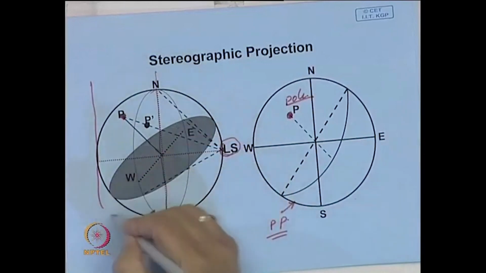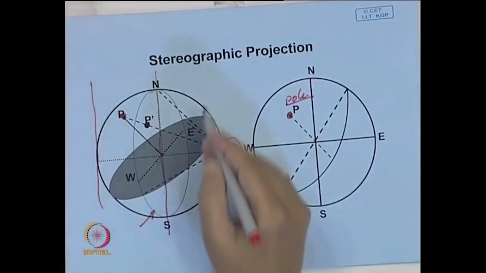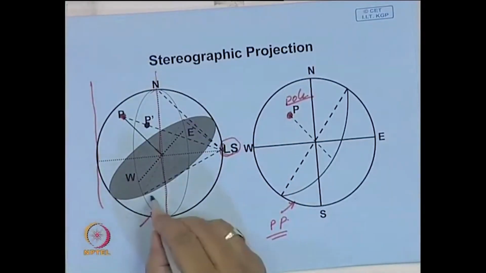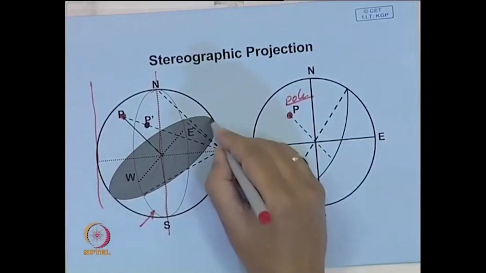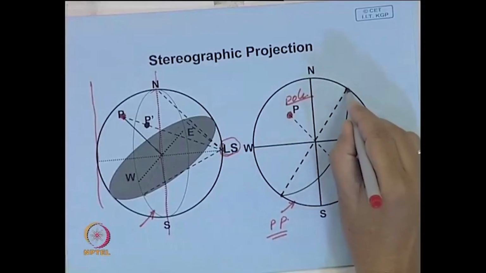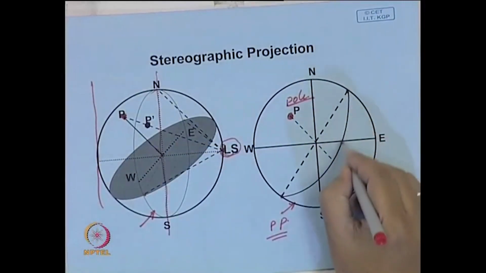Whereas this particular plane will intersect the reference sphere at certain points, which is shown here. It intersects somewhere here and here. These intersection points will come here like this, and this particular plane will get projected like this.